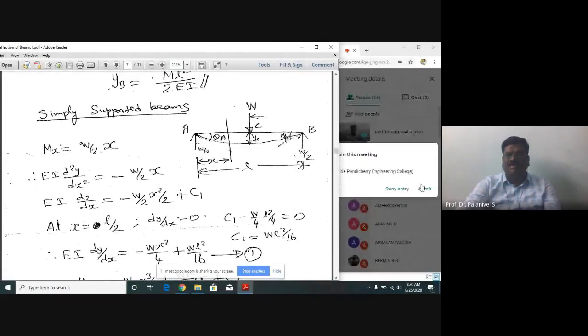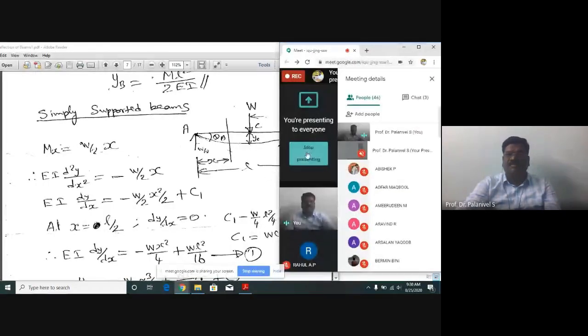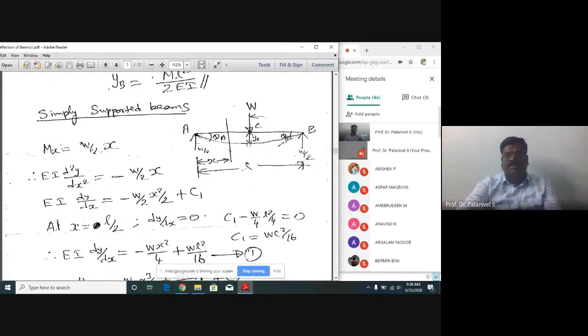So the angle made by the tangent with the horizontal will be 0, right? That is why the slope is 0 here. So at x is equal to L by 2, what is meant by that? At C, otherwise, x is equal to L by 2 means center. At x is equal to L by 2, the dy by dx value is 0.